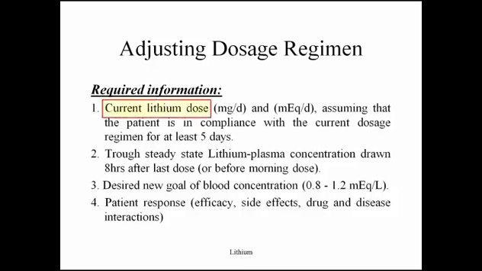You need to know the current dose, you need to know the trough and whether it is a steady state or not. Hopefully it is. And you need to decide what new level you want to achieve. And of course you want to assess the patient's response to therapy, because you're treating a patient more than a level.